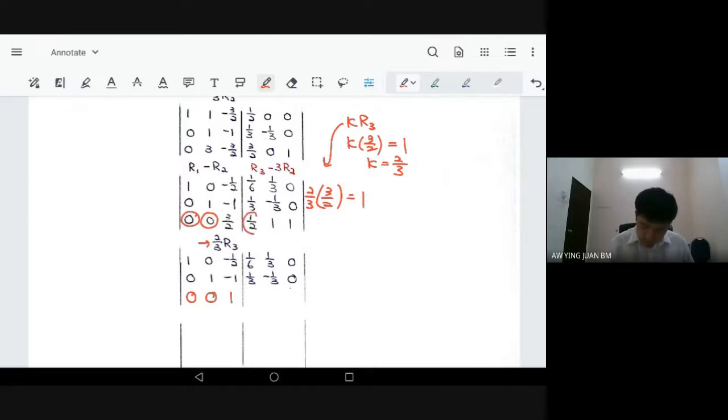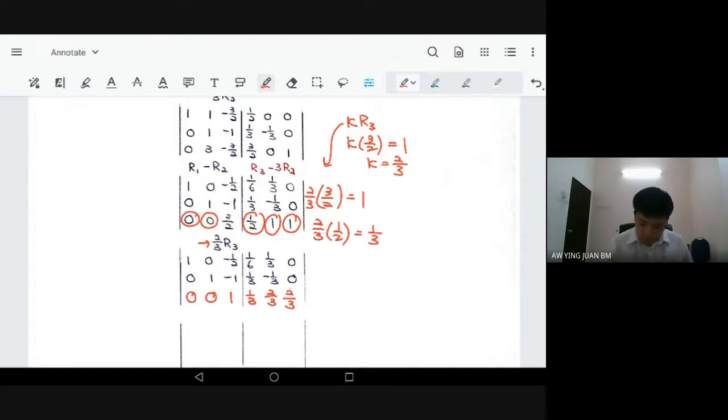Next, this part, 2 over 3 multiply with 1 over 2, and we will obtain 1 over 3. Next, this part, we will obtain 2 over 3. Then next part, we will obtain 2 over 3. So that is the process of finding row 3.